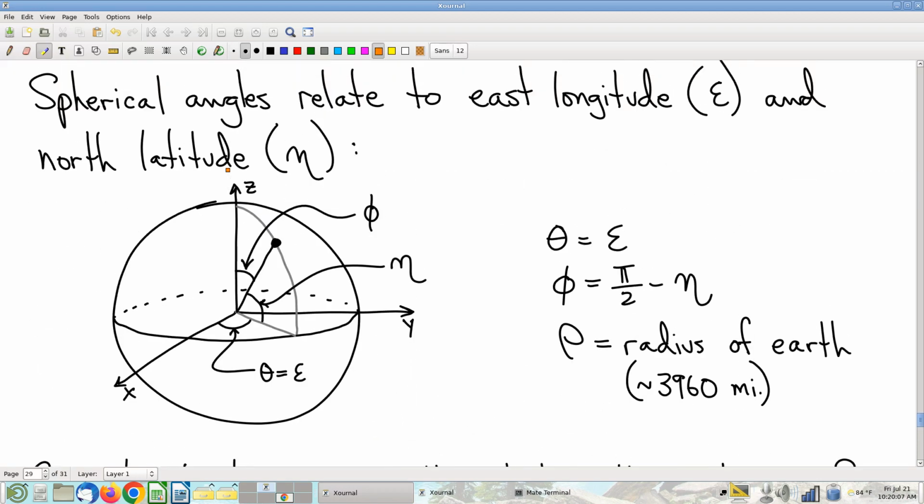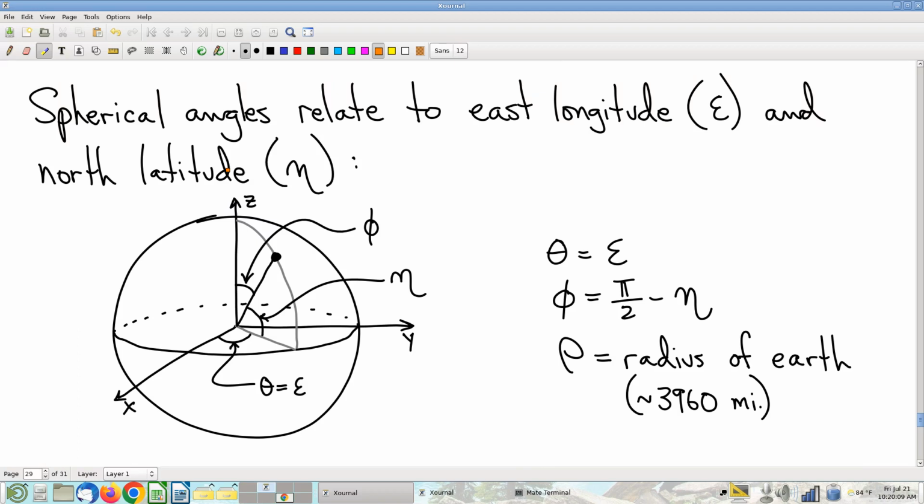Here's a fun one: longitude and latitude. Y'all are probably familiar with these ideas. If not, no big deal. It's just a way we keep track of where we are on the surface of the Earth. The idea is that there is what we call the prime meridian. For historical reasons, it's the great circle from the North Pole to the South Pole that goes through Greenwich, England.